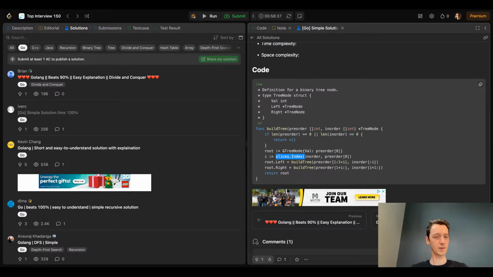What is this? Returns the index of the first occurrence of v. So it's a search. It finds the first occurrence.